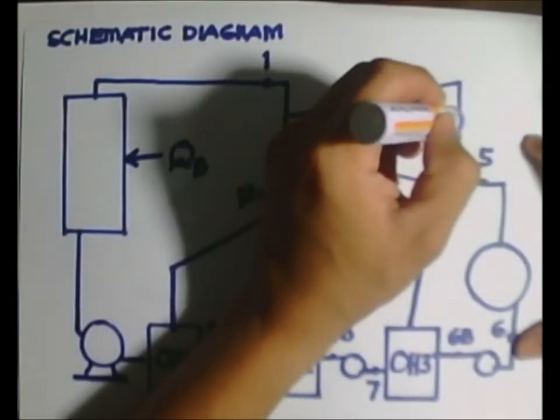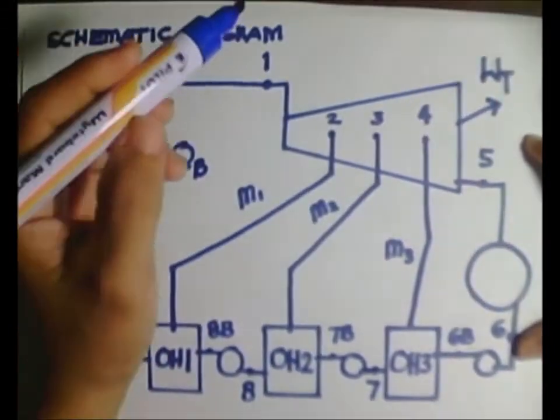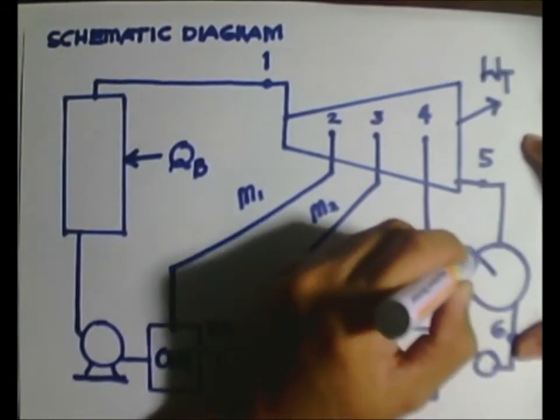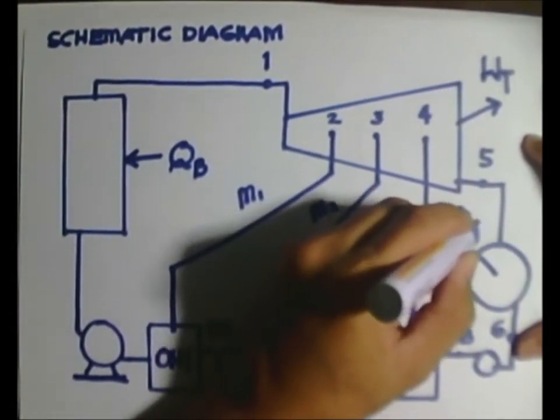The work provided by our turbine, call it WT. The amount of heat that is rejected to the environment, call it QR.